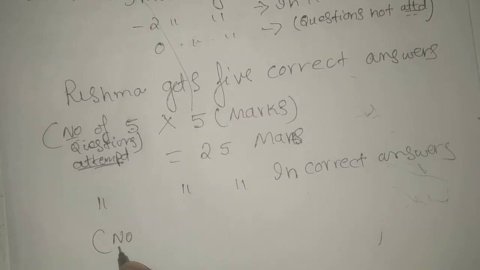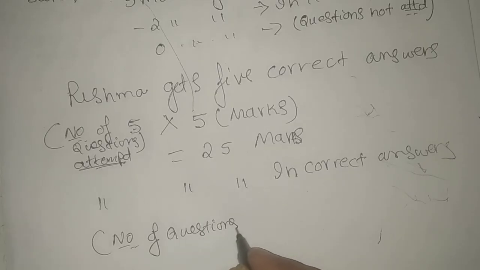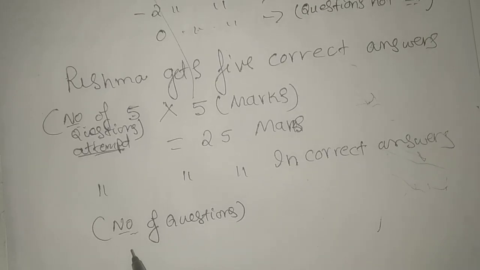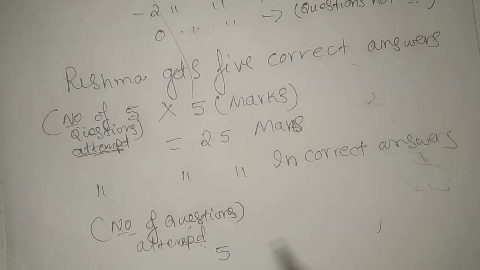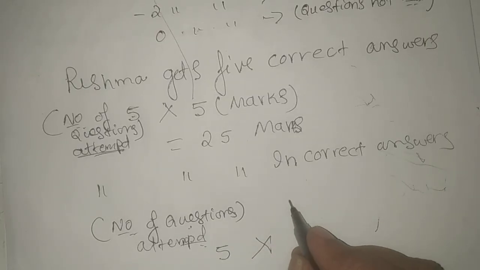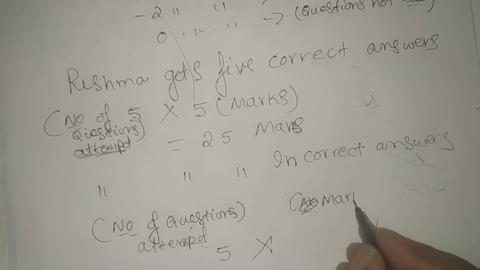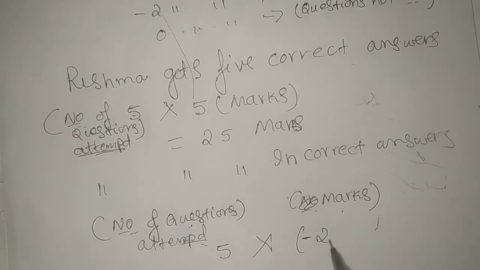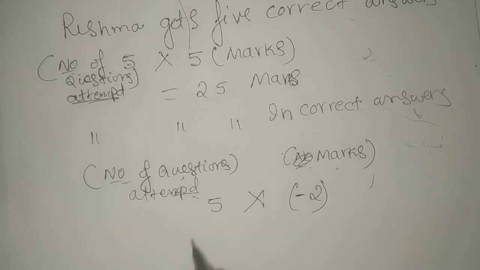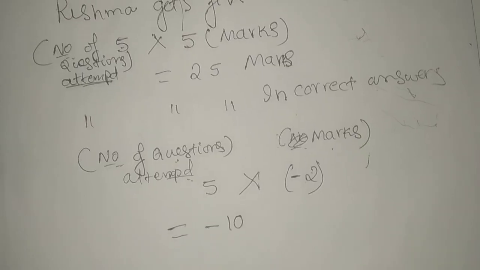So the number of questions attempted incorrectly is 5, then multiply by the marks for each question, that is minus 2 marks. Multiply these two. 5 into 2 is 10, that is minus 10 will be there.